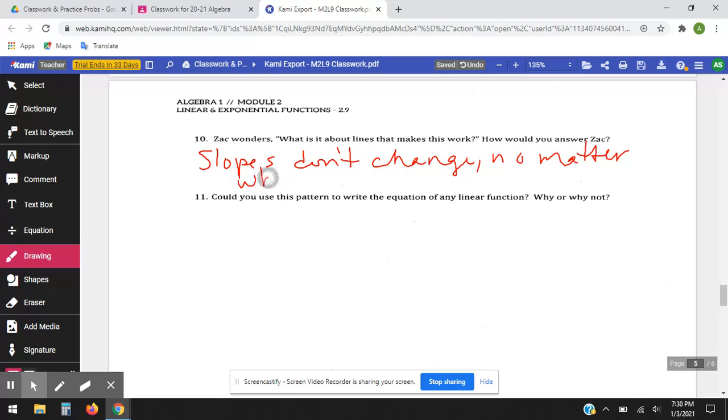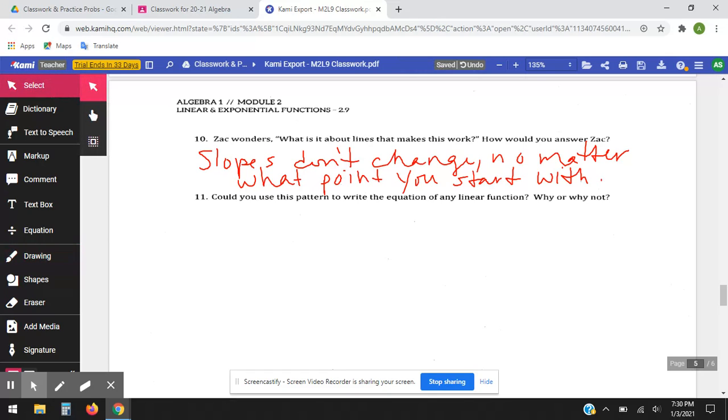No matter what point you start with. So that's really the key on this one, because no matter what your slope is, it's going to stay consistent. So no matter where you start, you can go up 2 over 1, down 3, whatever it is that you need to do from whatever starting point. So that's how this works on here.